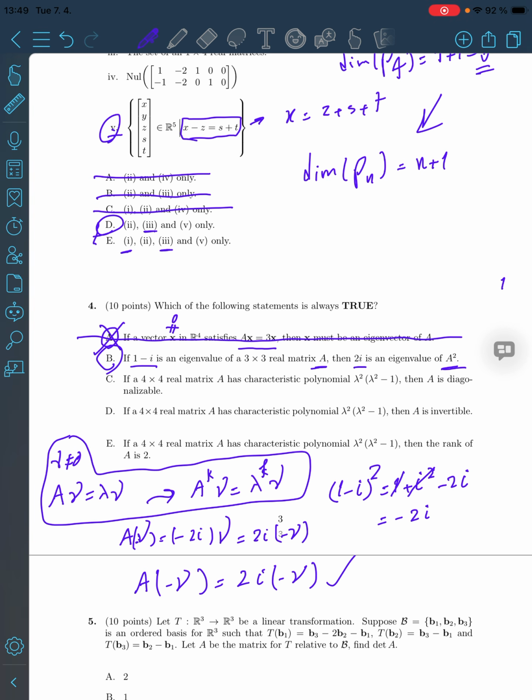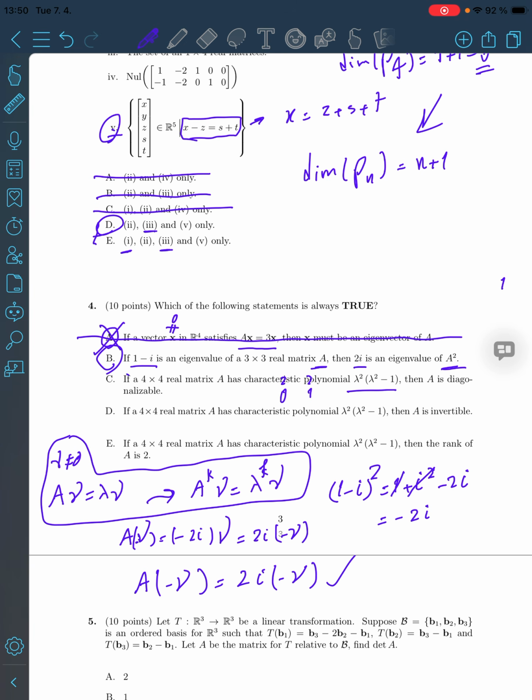You don't have to check the rest of the question, but for the sake of discussion, I will check a few of them. For example, if you have a matrix whose polynomial is this, therefore A is diagonalizable, which is not correct. Here the eigenvalues are 0 and 1 with multiplicity 2 each, but we don't know, maybe the dimension of the kernel of, for example, A minus lambda I cannot reach the multiplicity of each eigenvalue.